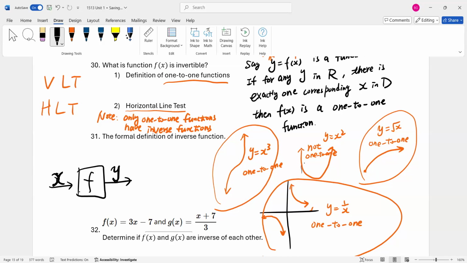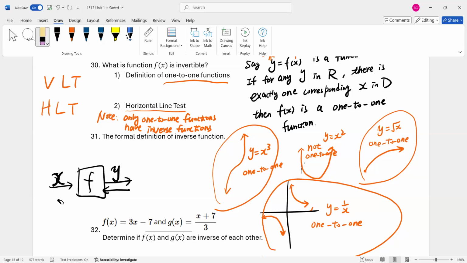So for any x, you have exactly one corresponding y. But for an invertible function, if you see y as input and put y back, you will have x as the corresponding output.